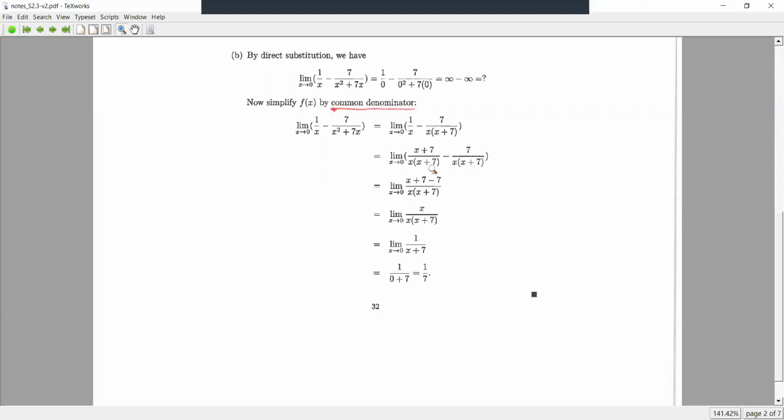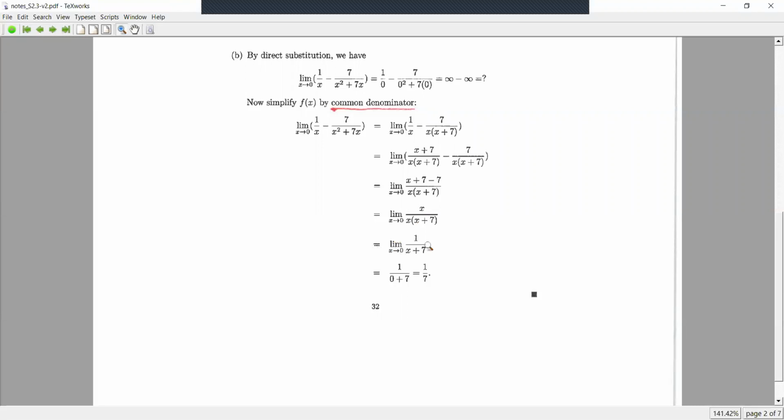Now, the two denominators are equal, so I can combine these two terms to get this equation. Cancel the number 7, then we have this equation. Cancel x, then we have this equation.